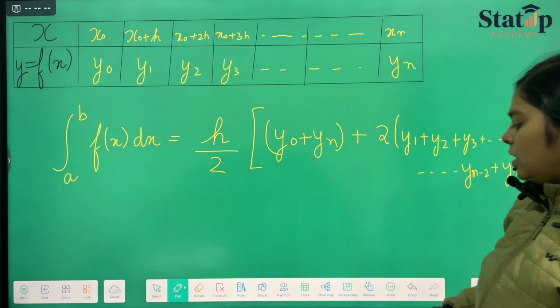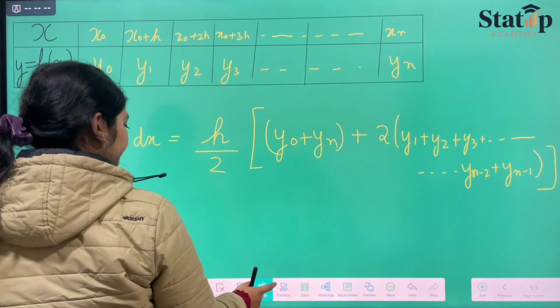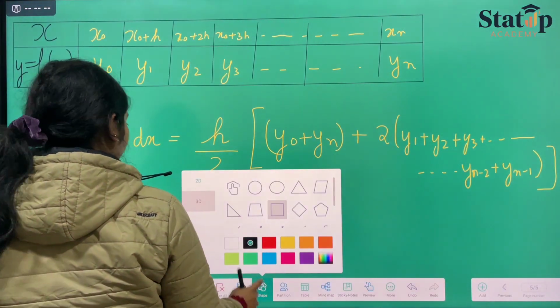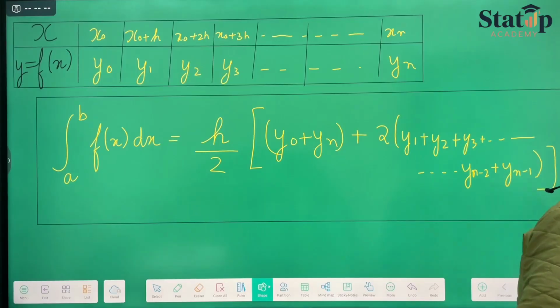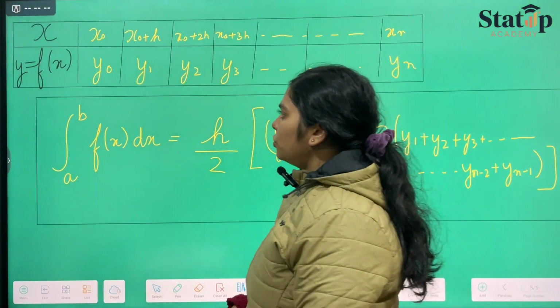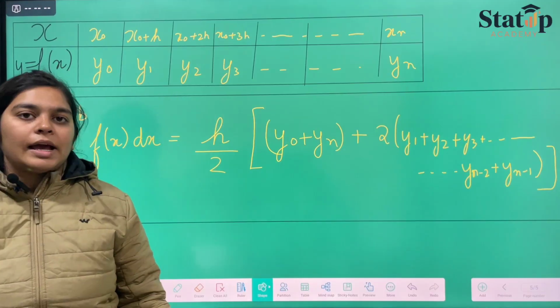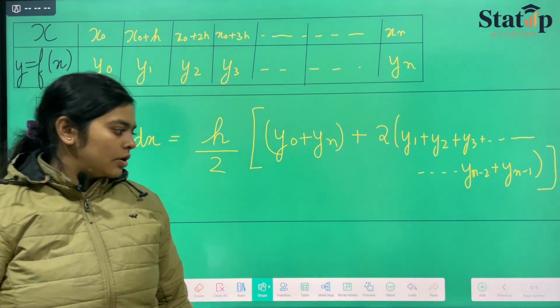This is the formula of our trapezoidal rule. It is a very important formula from our exam point of view. The formula directly hasn't been asked, but it has been asked in questions how to solve them.